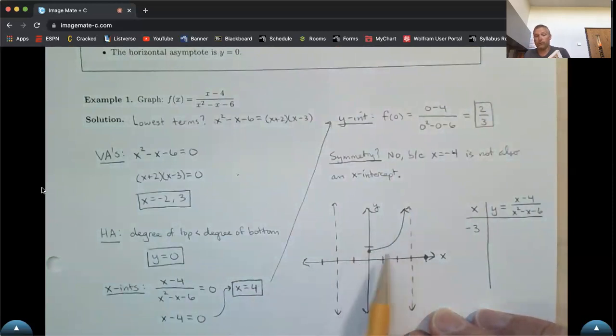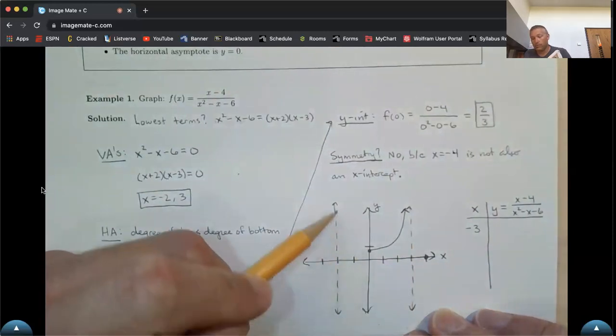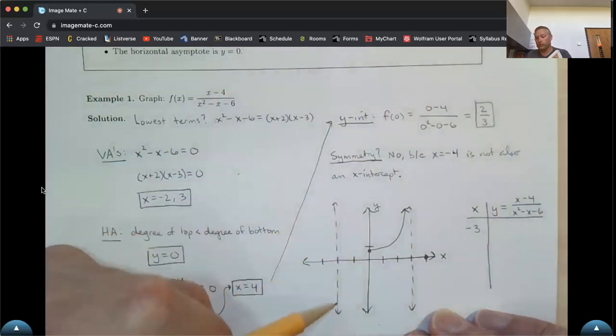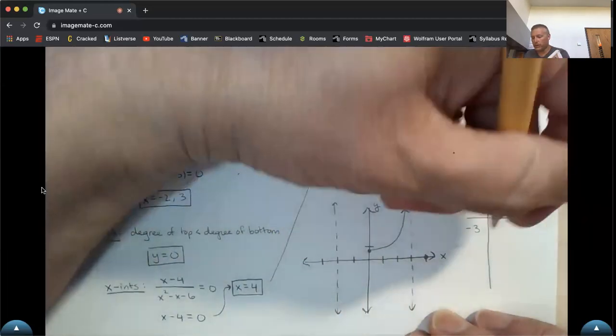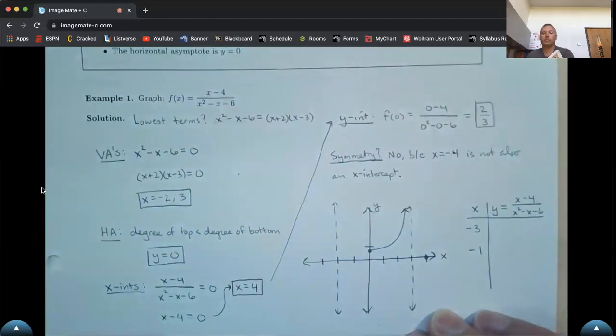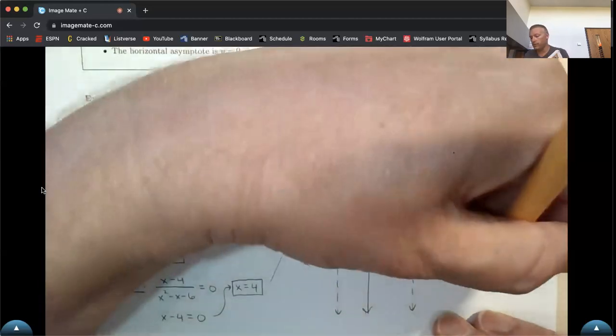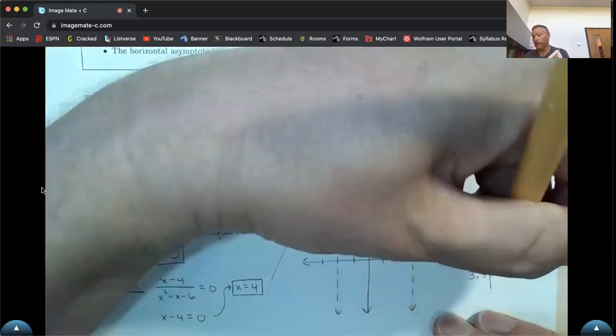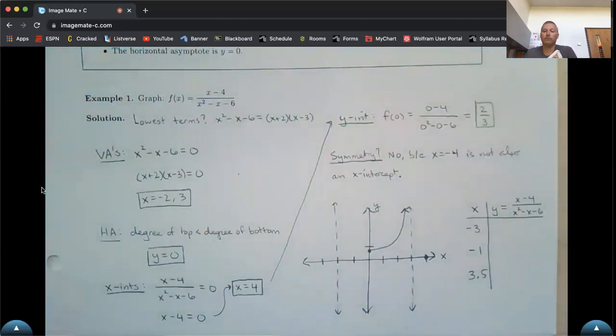But I don't know, does it go down like this or up like this as we approach negative 2? So let's pick negative 1 to see what's going on right here. And then we don't know, do we get close to the asymptote going up or going down? Now there are no nice numbers between 3 and 4, so I'm just going to have to pick 3.5. Okay.